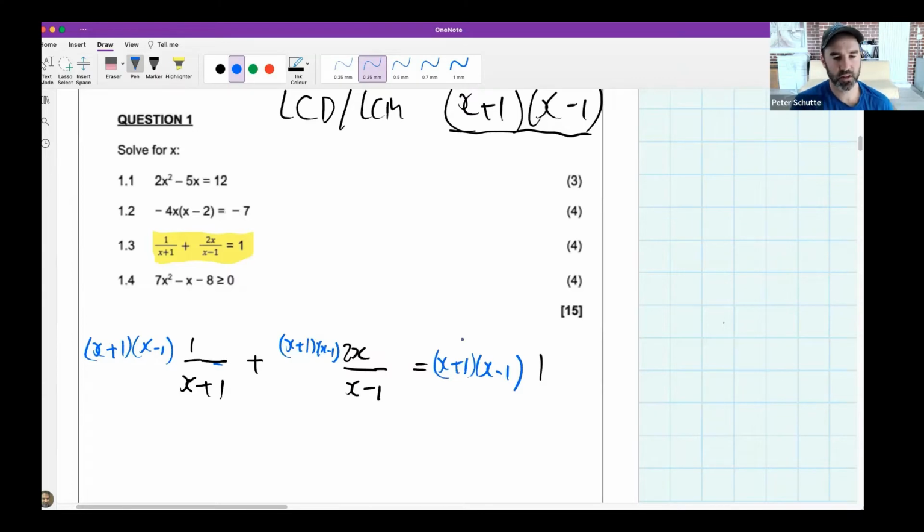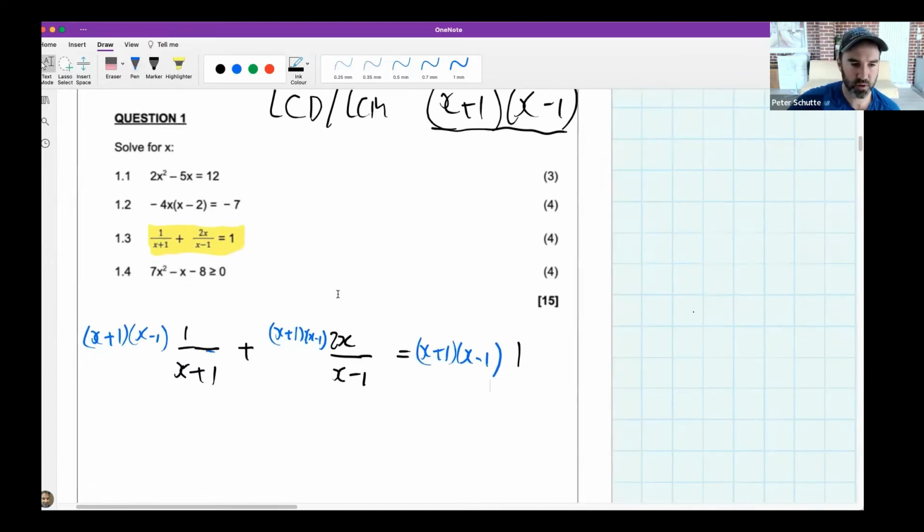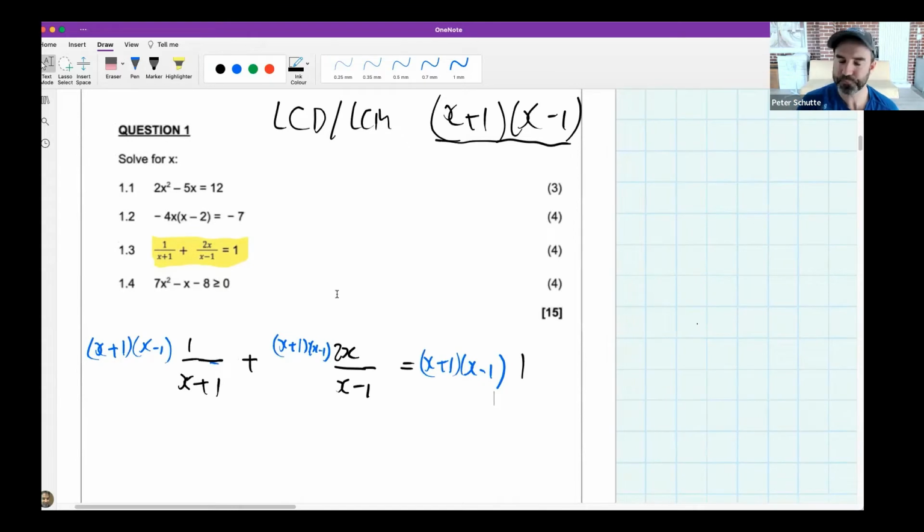So in my brain, if I multiply both sides, or I multiply everything by x plus 1, x minus 1, that's what I'm starting with.